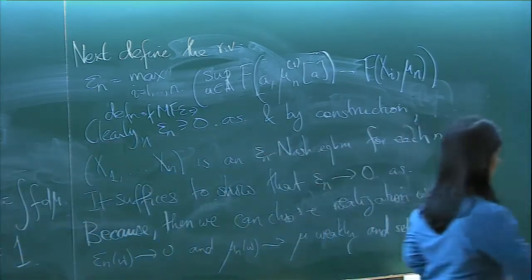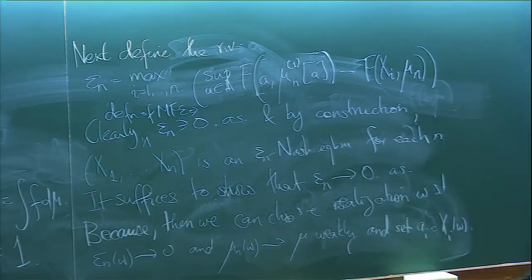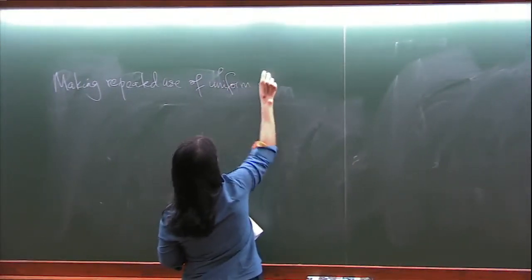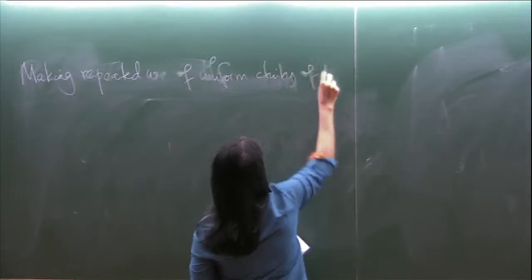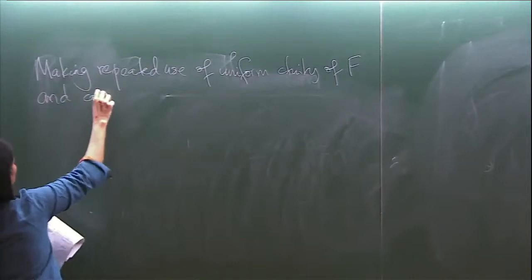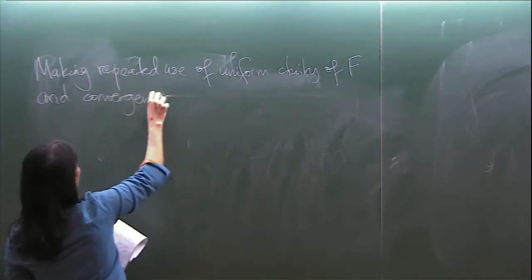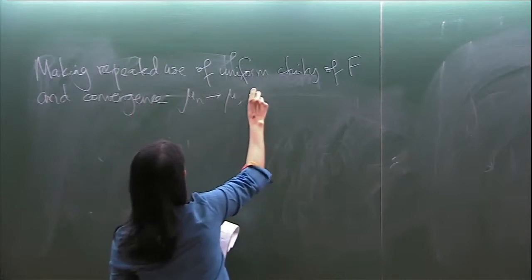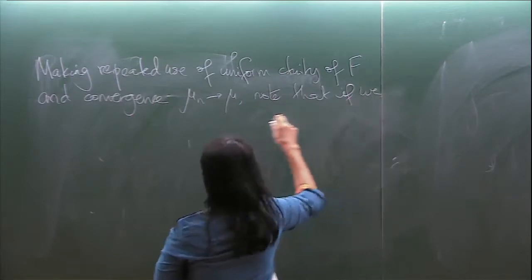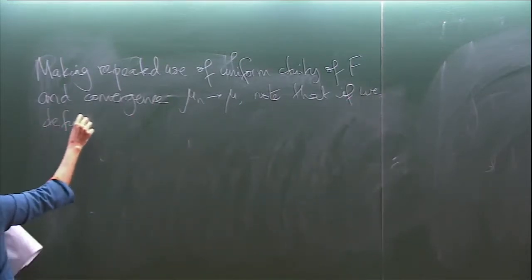Okay, so now we want to show that indeed epsilon_n goes to 0. I'm making repeated use of uniform continuity and the convergence of mu_n to mu. Note that I'm going to now replace the mu_n by mu in some places.